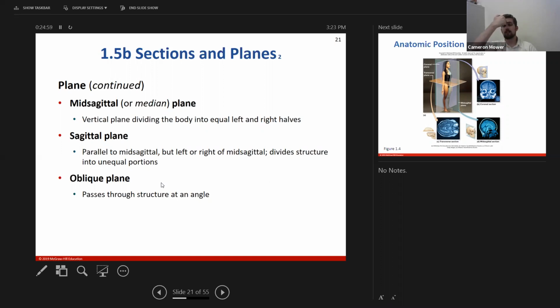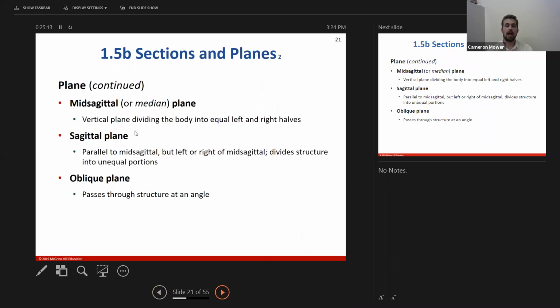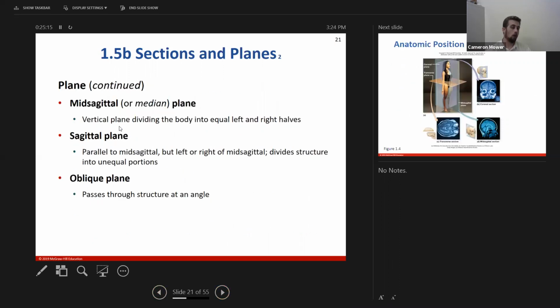Once it gets to the middle of your body, that's when it's a mid-sagittal plane. And then we have an oblique plane, which is going to be just going through at an angle. The terms that you guys are going to be looking at mostly are frontal, transverse, and sagittal or mid-sagittal in some cases. You're not going to see a whole lot of oblique planes, but every once in a while we use that.